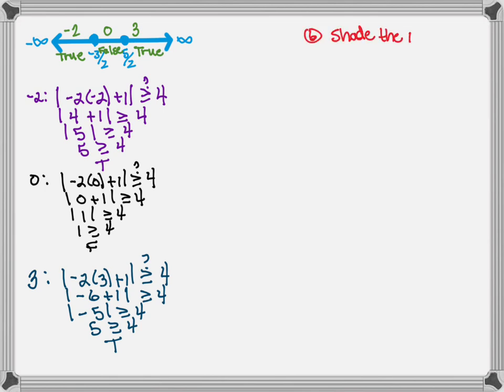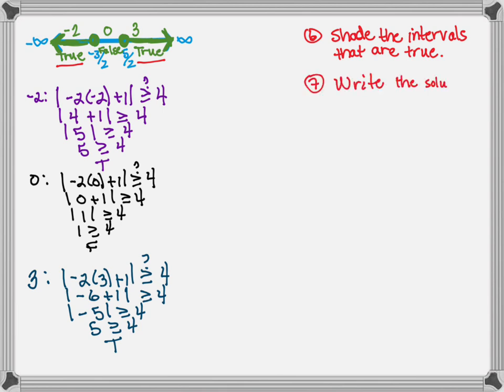Okay, so next we will shade the intervals where we got true. We got a true here on the left and a true here on the right. So we've got the -3/2, that's a closed circle, and we'll shade to the left. We've got the 5/2, which is a closed circle, and we'll shade to the right.